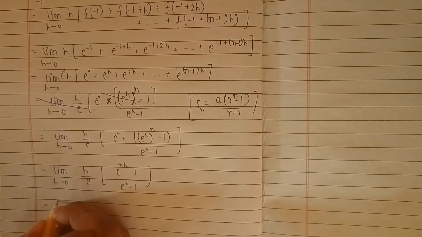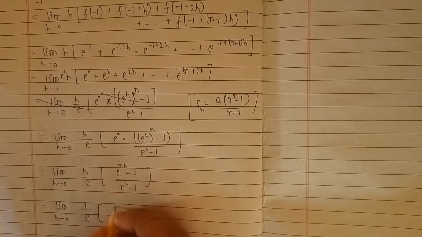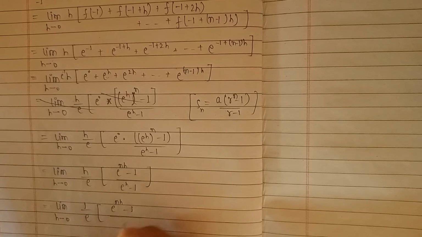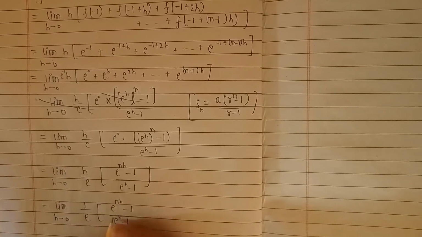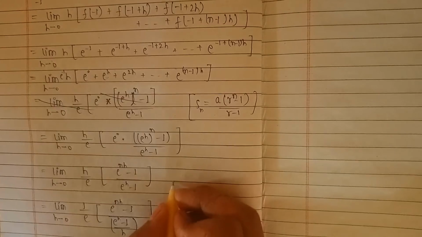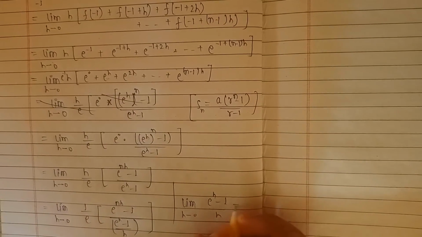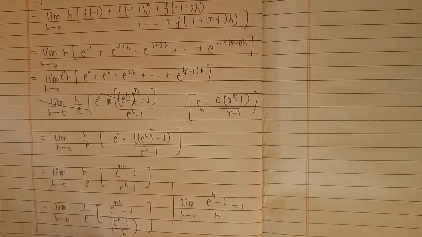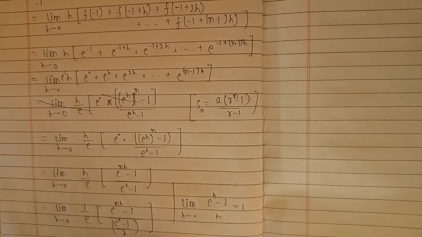That will be limit h tending towards 0. I will write this h in the denominator, no problem now? Here it will be e raised to the power nh minus 1 upon e raised to the power h minus 1, and this h in the numerator I am going to take into the denominator like this. Since we also have the formula for limit h tending towards 0, e raised to the power h minus 1 upon h equals 1, applying this here we will get limit h tending towards 0, 1 upon e raised to the power nh minus 1.